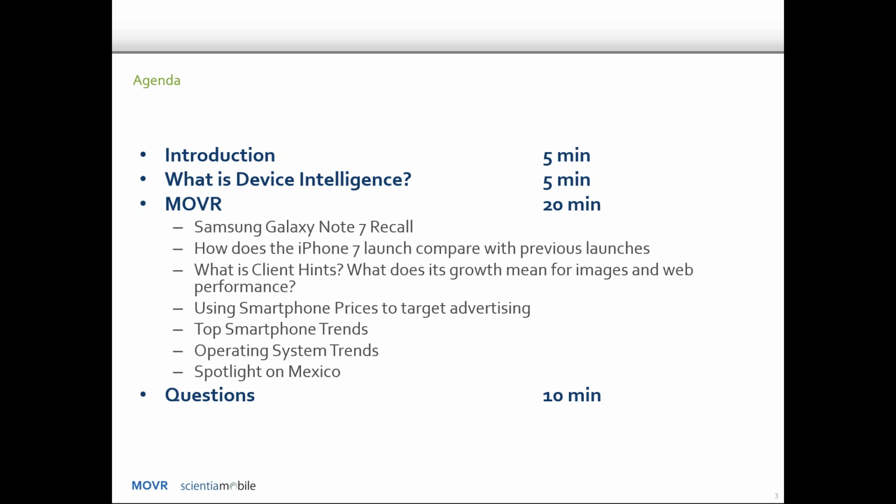And that's very useful for a number of reasons, but probably most importantly to the advertising community. So now you can target your advertisements to people based upon the price that they might have paid for their smartphones. We'll also run through the top smartphone trends and the operating systems, and we'll finish off with a spotlight report on Mexico.